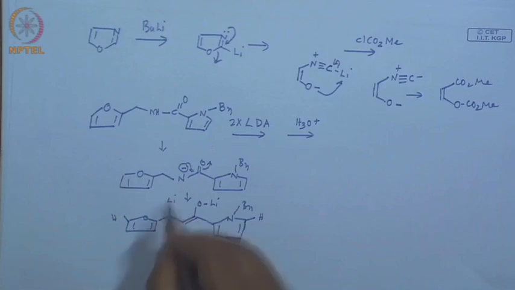We had an N-methyl, we had a side chain methyl. So, it is the lateral lithiation. Lateral lithiation means the lithiation takes place here at this position. What is the driving force?